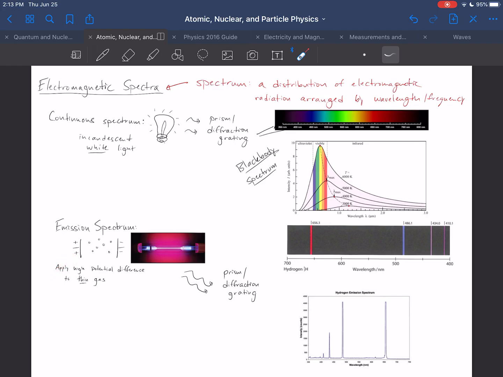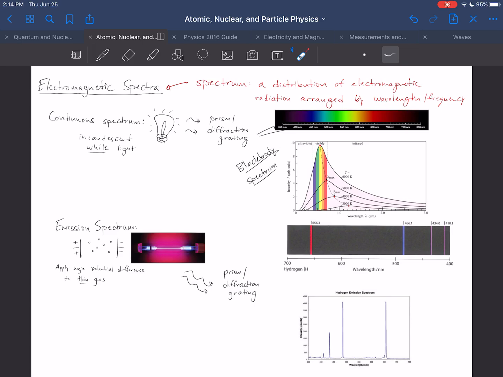This creates an incredibly strong electric field, and if you crank it up to in the range of thousands of volts, you will actually begin to break down the atoms in a process we will describe later, and you will produce light. So you apply a very high potential to a thin gas, and you get light that looks like this. When you think of in ordinary life, those things we call neon lights or mercury lights, this is exactly what is going on. So a very high potential difference is being applied to a thin gas, and that thin gas is producing light.